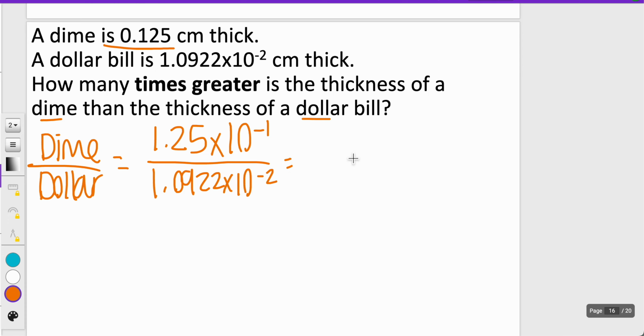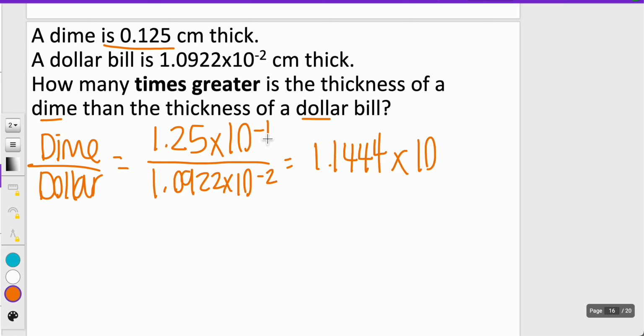What we'll do is then divide my numbers. So we'll start with 1.25 divided by 1.0922, and I'm going to get 1.14447903. I'm just going to stop at that one.